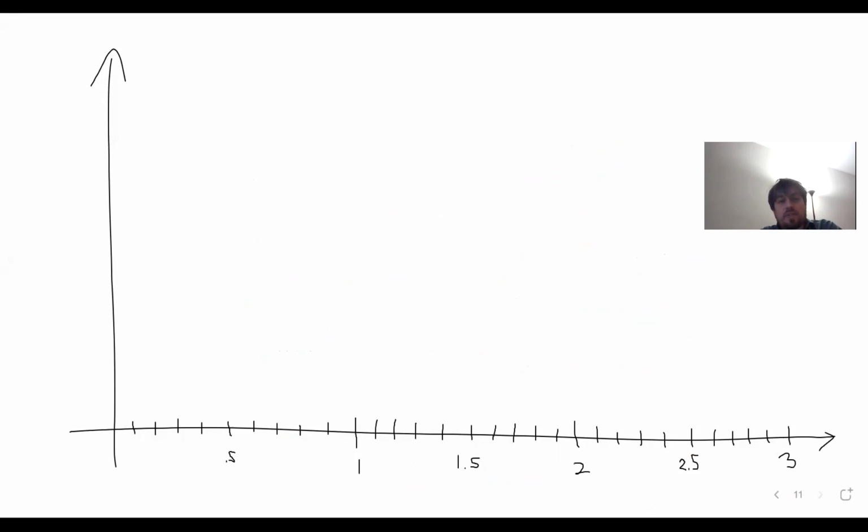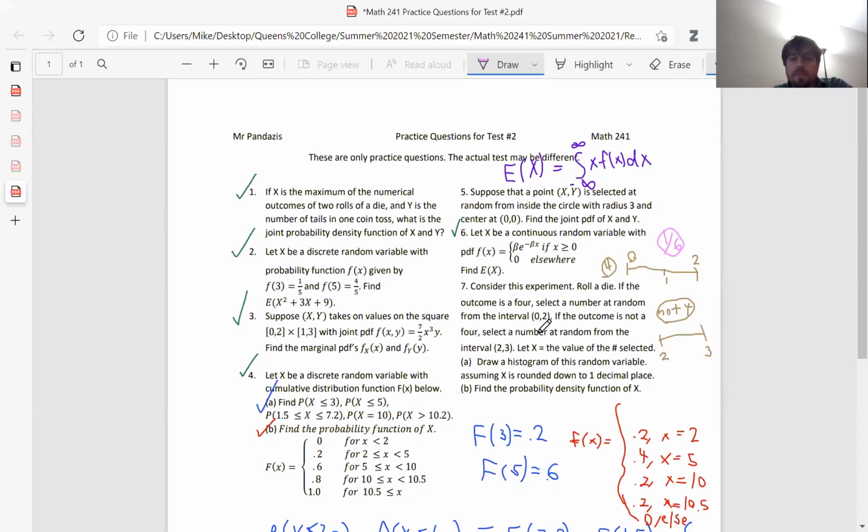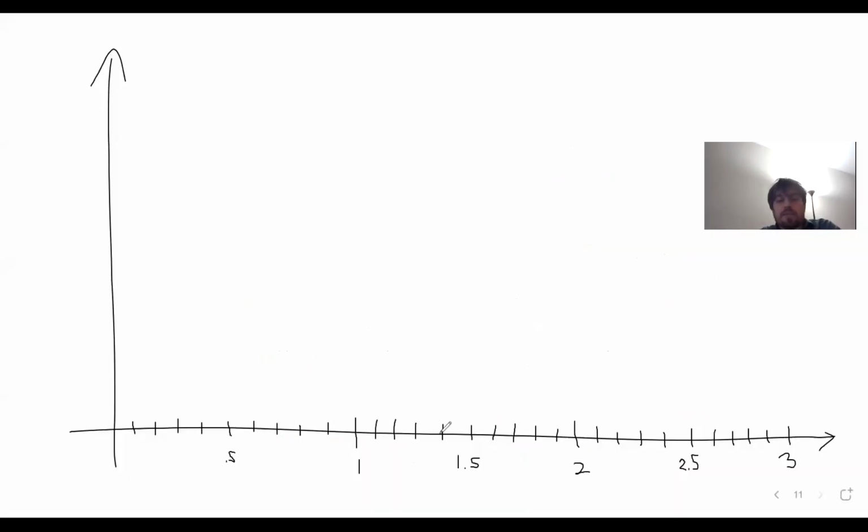0 is also a possibility. It's rounded to 1 decimal place, so 0 is a possibility. Let's look at the space that's made up here.